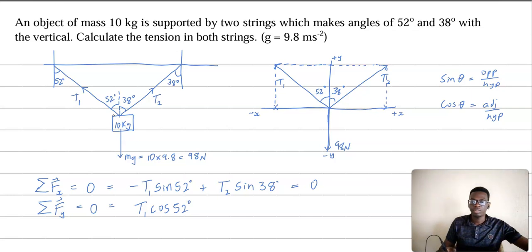The sign is plus because the y component of T1 points upward, which is the positive y direction. Same with the y component of T2, it also points in the positive y direction with magnitude T2 cosine 38.